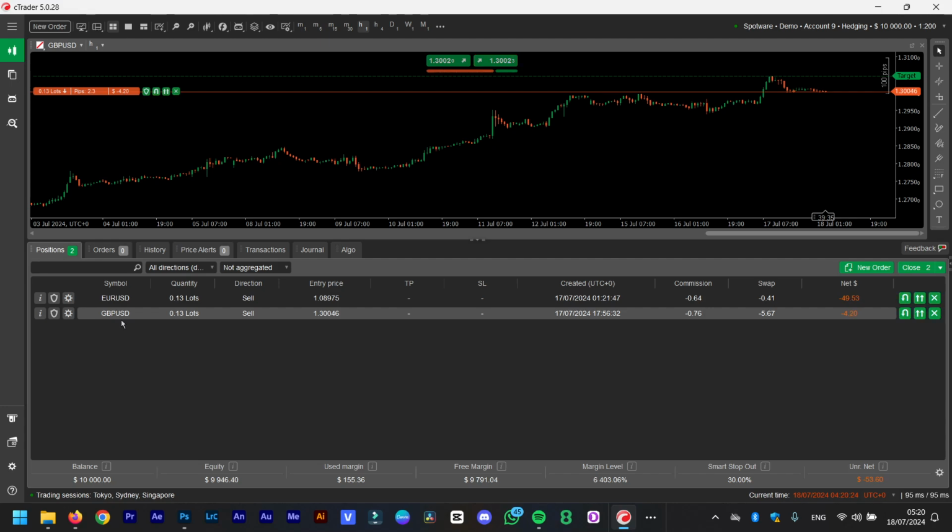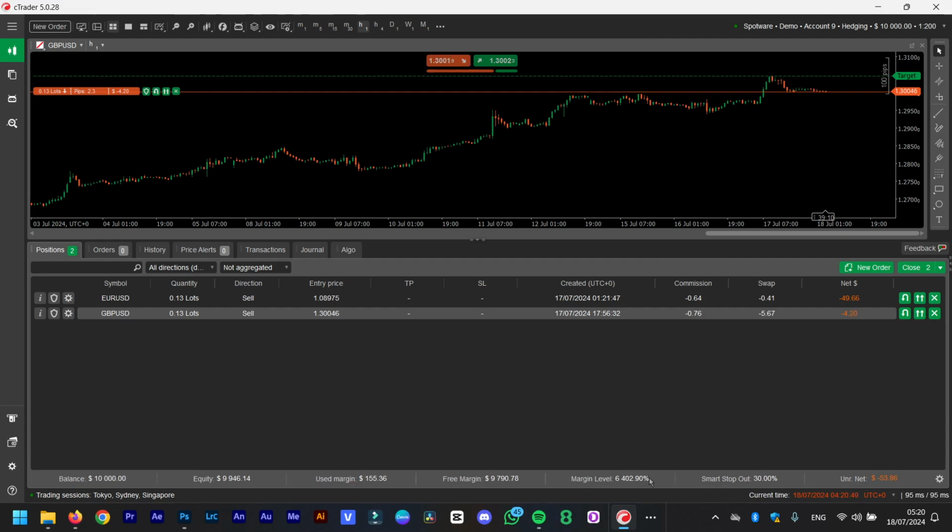GBP USD is eating up a lot of commission with the swapping, like $5 daily, I guess, and I think that's very expensive. But even though it's expensive, we have so much margin level that it's okay, and we can work with it.